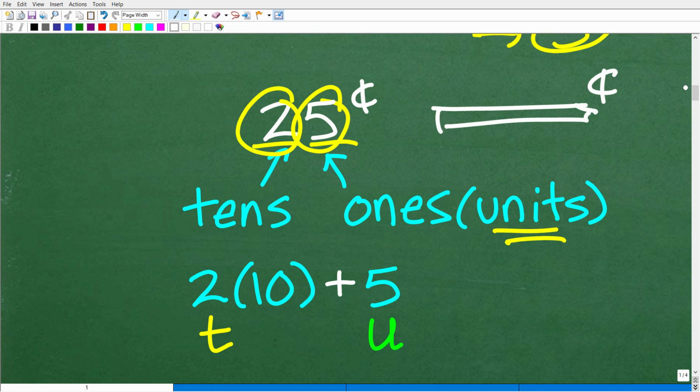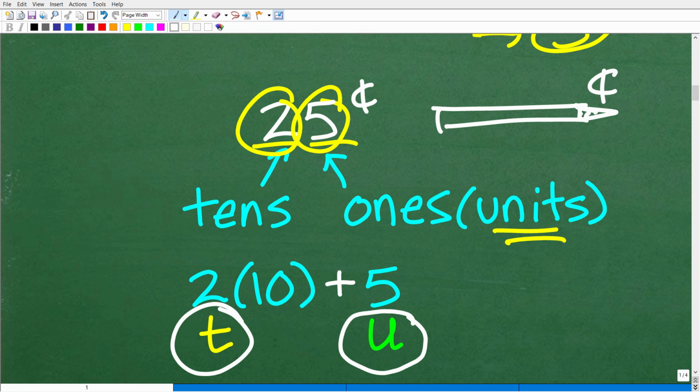So there'll be a tens and a ones unit, and we're going to establish some variables here. Let the variable t represent the tens digit for a particular price, and let the variable u represent the digit for our ones, or our units digit. So now we could build a model of some pricing for our pen. Hopefully that makes sense.